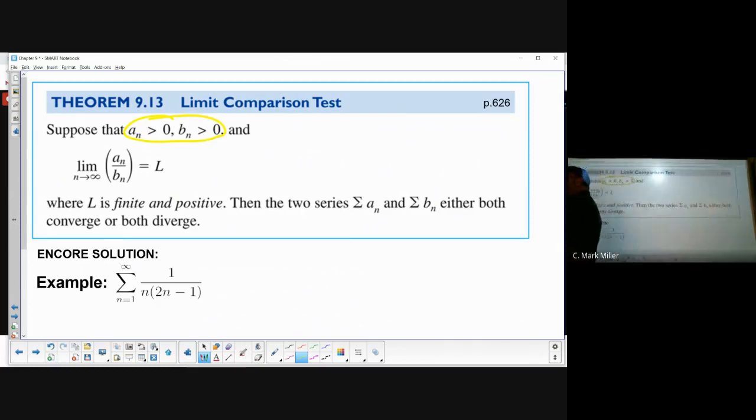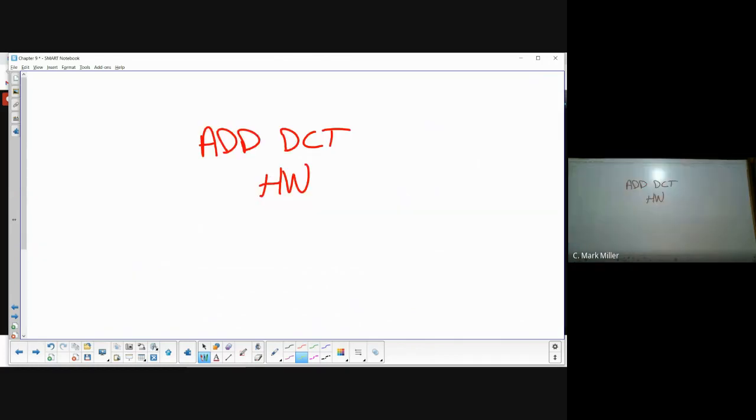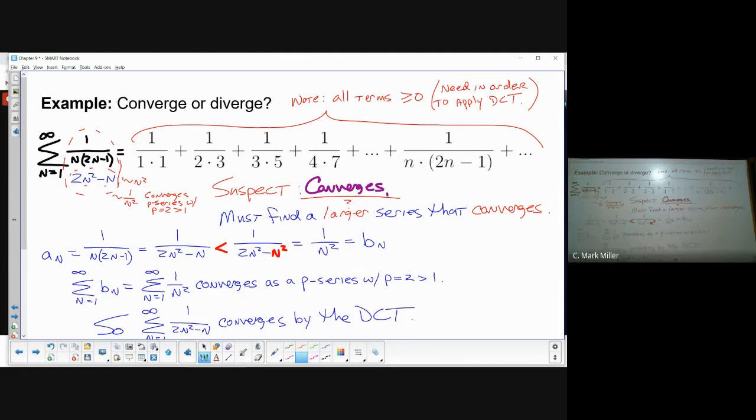All right? So you remember what we've been doing here? When we form our suspicion, we look at the orders of magnitude. And we saw that this is kind of 1 over n squared. Now we can use that 1 over n squared directly. Here it's hard to compare, is this 1 over n squared bigger or smaller than this?